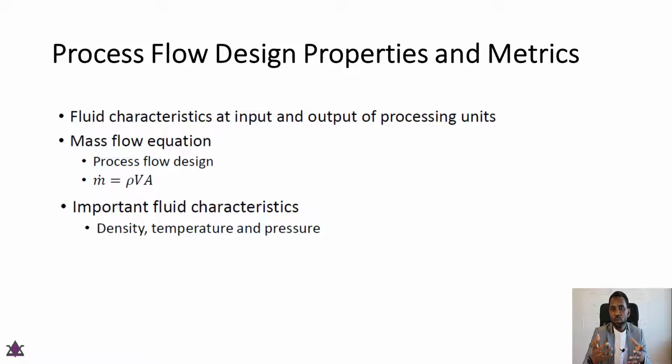In a process flow, it may be that when a fluid goes into a particular unit, there is a split. Let's say you are going to remove some of the liquids from the gases. So when you carry out a separation, there's going to be a reduction of mass from the fluid.